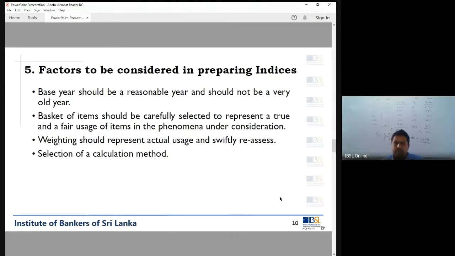Hypothetically, let's assume that case. Similarly for dal, similarly for vegetables, fruits, and other items like butter, coconut oil, sugar, you define the same weights.